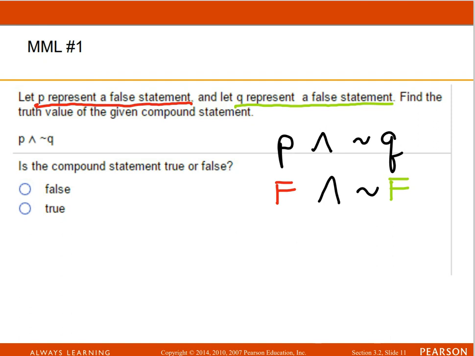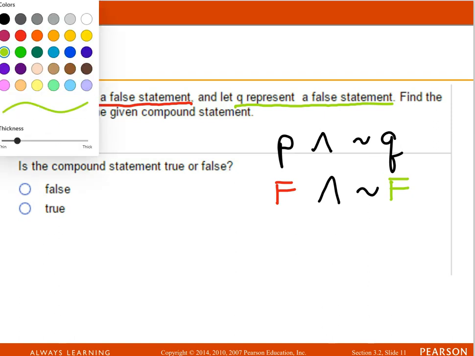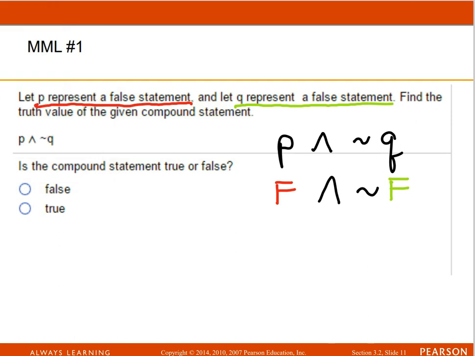When you're looking at this false and negation of false, the first thing you calculate is the negation of false. If you are not false, then that means you are true.